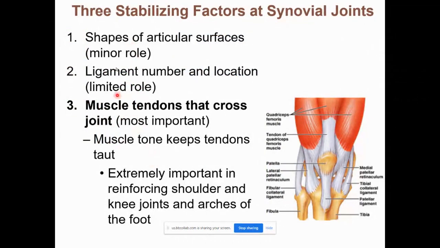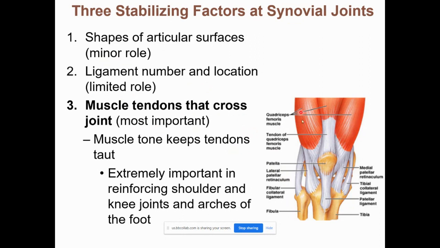This is, I guess, an important point, this point here that's in bold. What holds the bones together? Well, the bone joint surfaces play a minor role. The ligaments hold them together, but again, they can only hold so much. But the tendons, and that's where muscle attaches to bone or inserts into bone, are the most important stabilizing factor because muscles are taut.